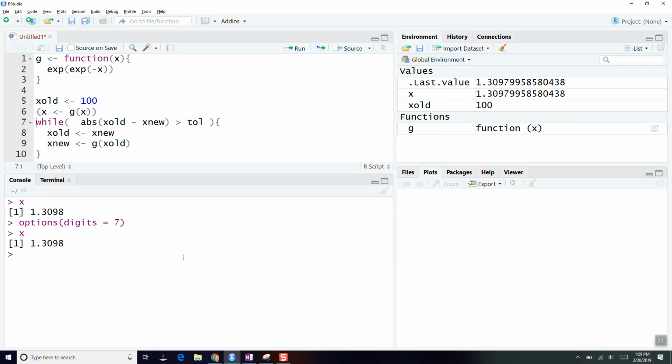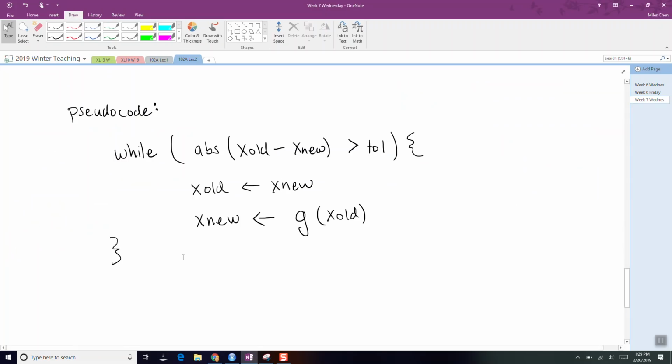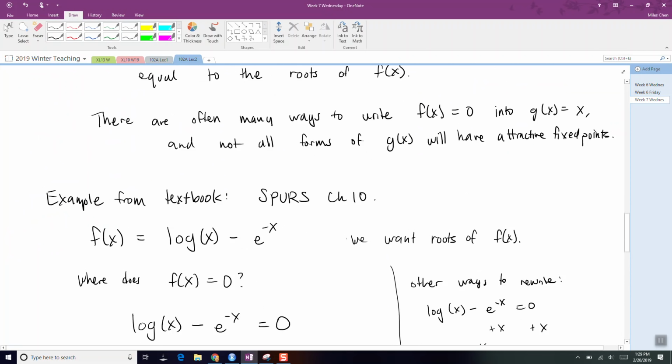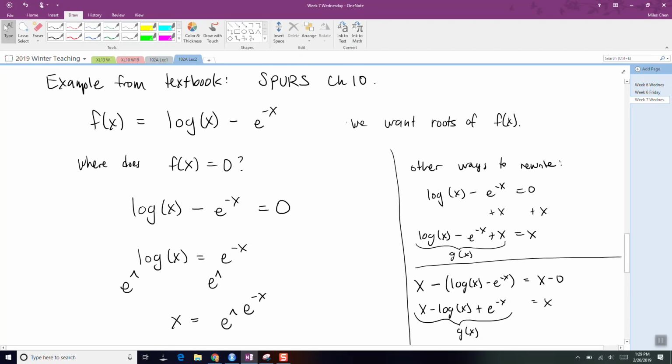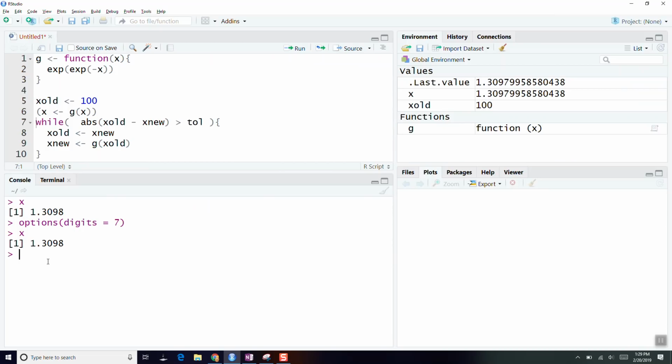All right, and let's see, is this a root of our original f of x? Okay, so our f of x is log of x minus e to the negative x, right up there. So we're going to say, all right, what is log of x minus e to the negative x?